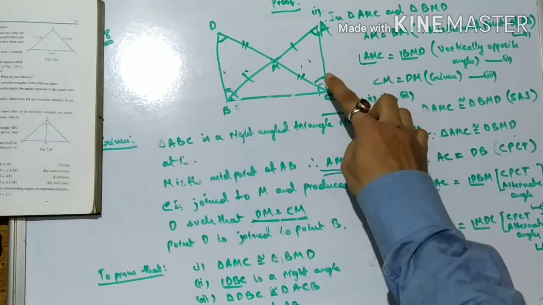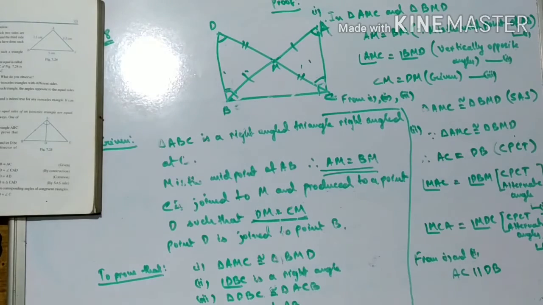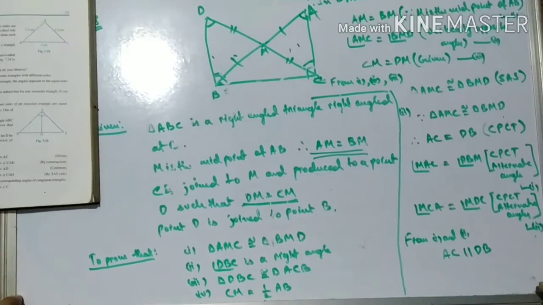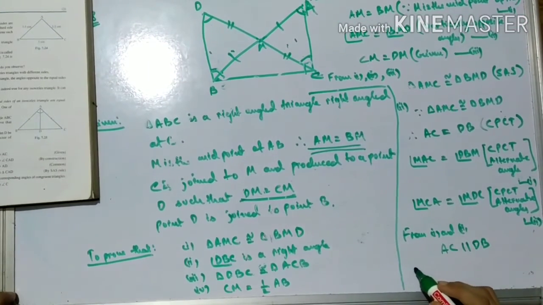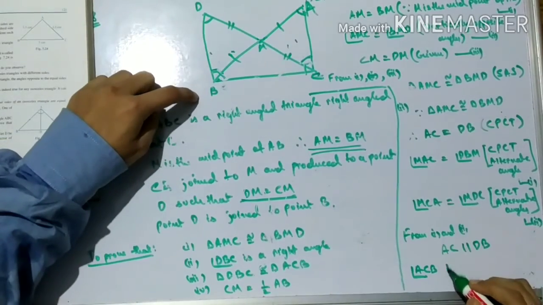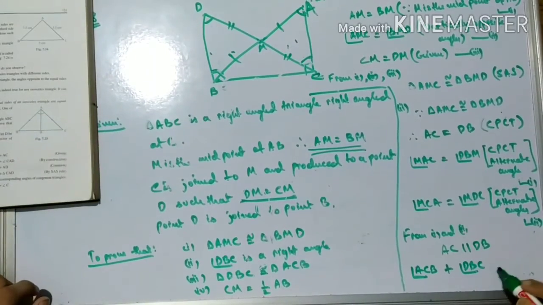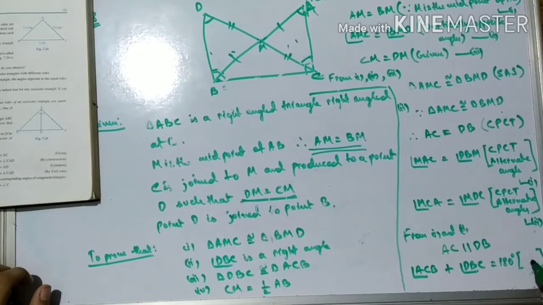So this angle plus this angle, how much will I get? 180 degrees. So therefore in here I can write angle ACB plus angle DBC equals 180 degrees.